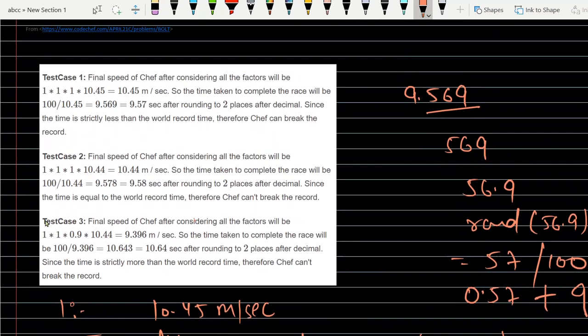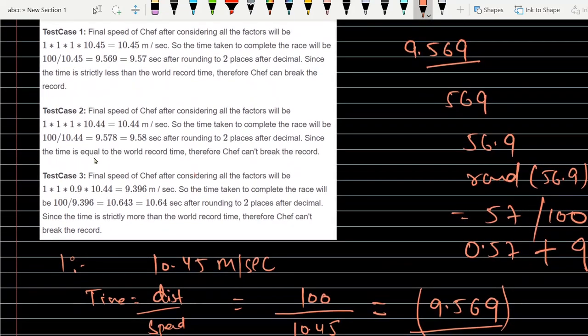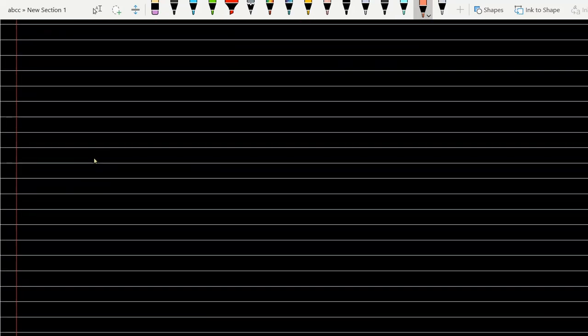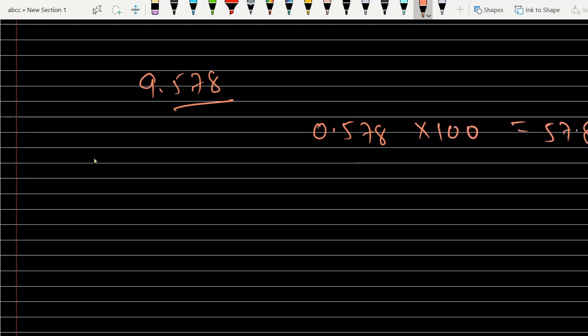You can see in test case 2, 9.578, we are going to do the same. First we'll consider the fraction part, 0.578, multiply it by 100, which will give me 57.8, and if we round this up we are going to get 58. When we divide this by 100 again, we'll get 0.58, and if we add this to the integer part, we'll get 9.58.